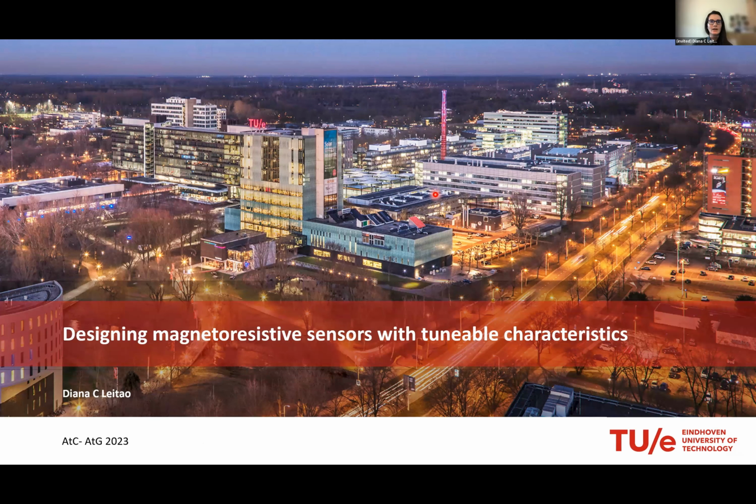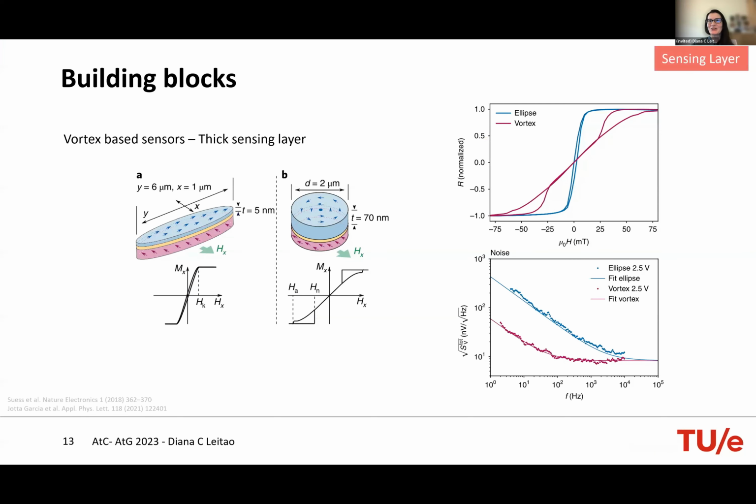Some insight, well, I can give some insights depending on what you are looking for. The first thing that is important to take into account when designing these multilayers to accommodate vortexes is, of course, what are the materials that we use in the free layer and their thickness.